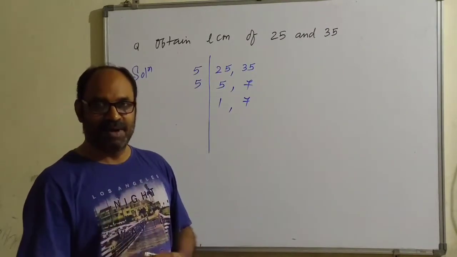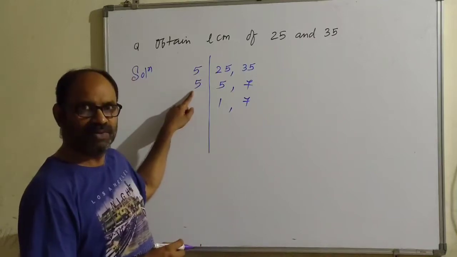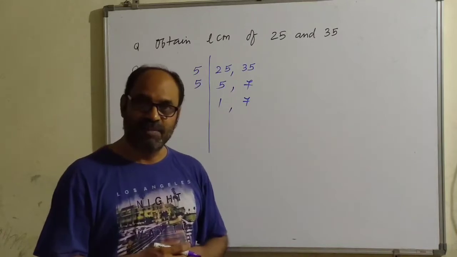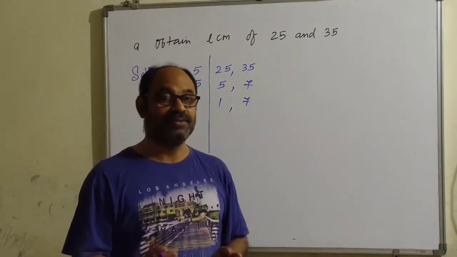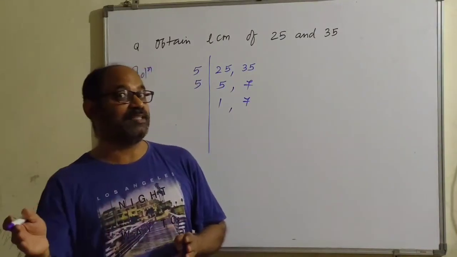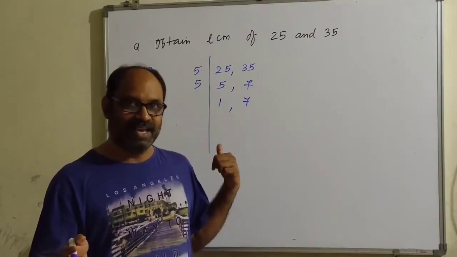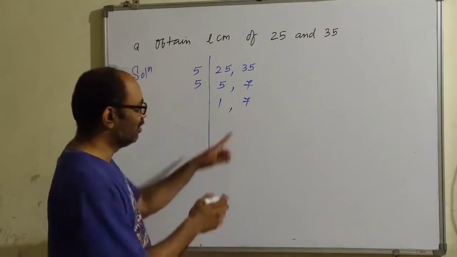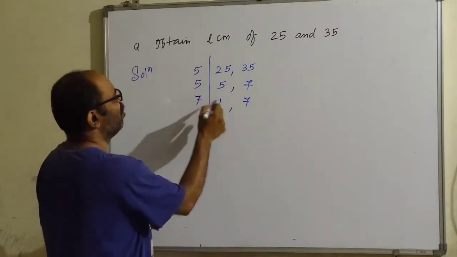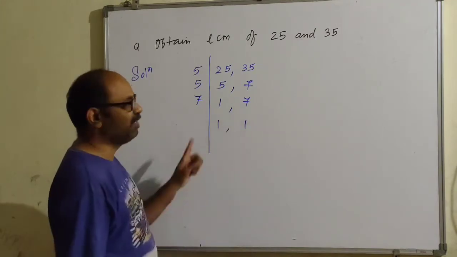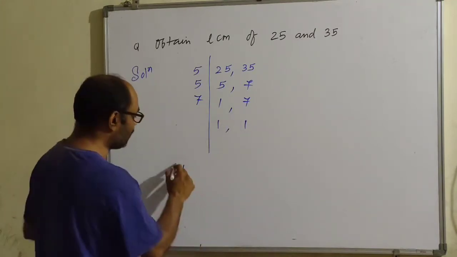Is any number divisible by 5? We'll continue with 5 and check. Is any of the two numbers divisible by 5? The answer is no. Then after 5, what is the next prime number? Good. 7. Is any of the numbers divisible by 7? Yes. Second number. So 7. 1 is not divisible, so it remains as it is. And 7 1s are 7. You got 1s.